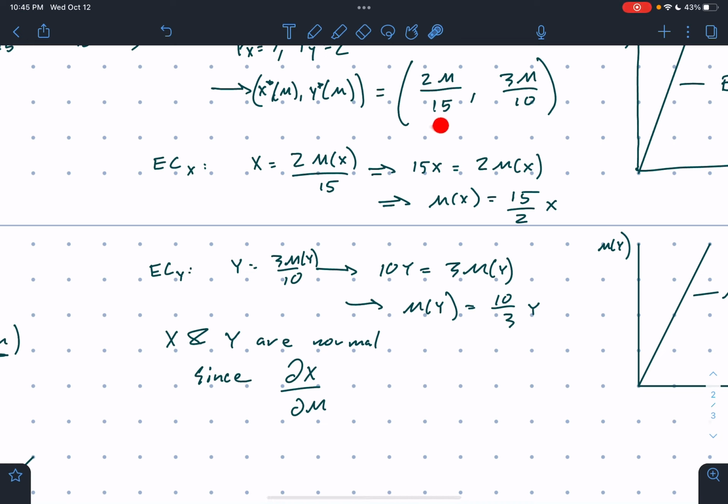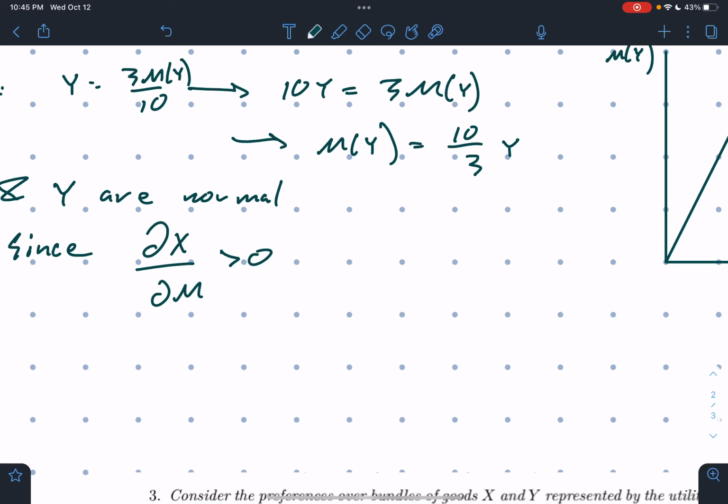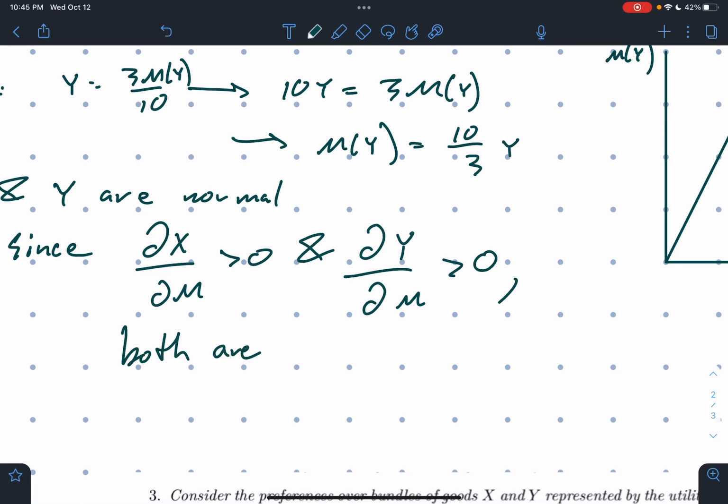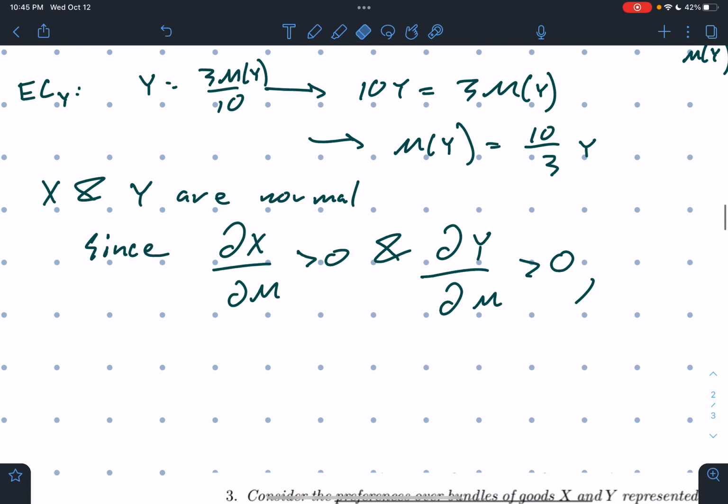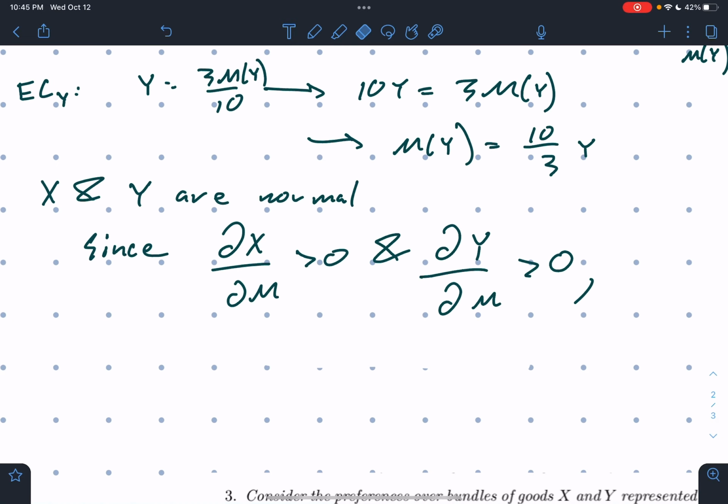If we take the derivative of X with respect to M and the derivative of Y with respect to M, we see that they're both positive. So X and Y are both normal, since their derivatives with respect to M are positive.